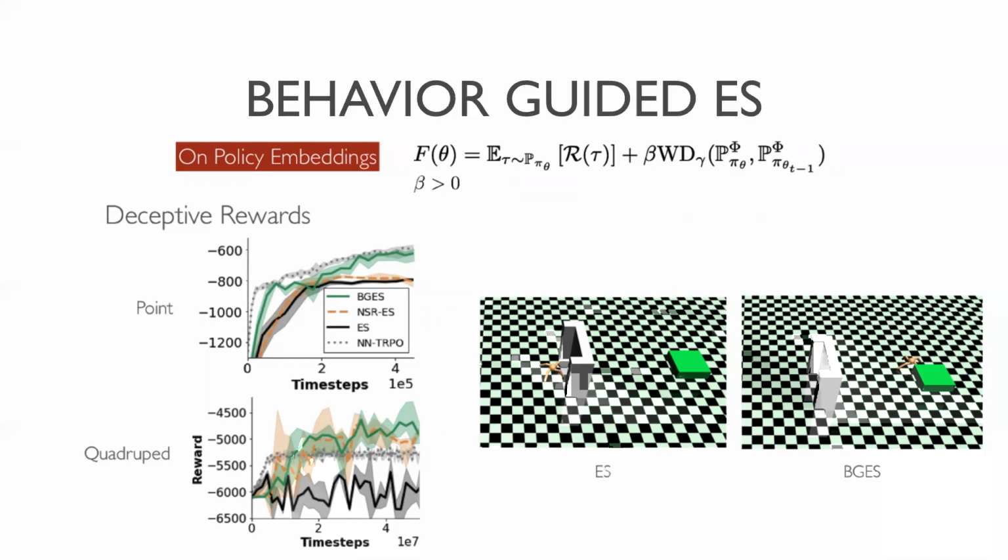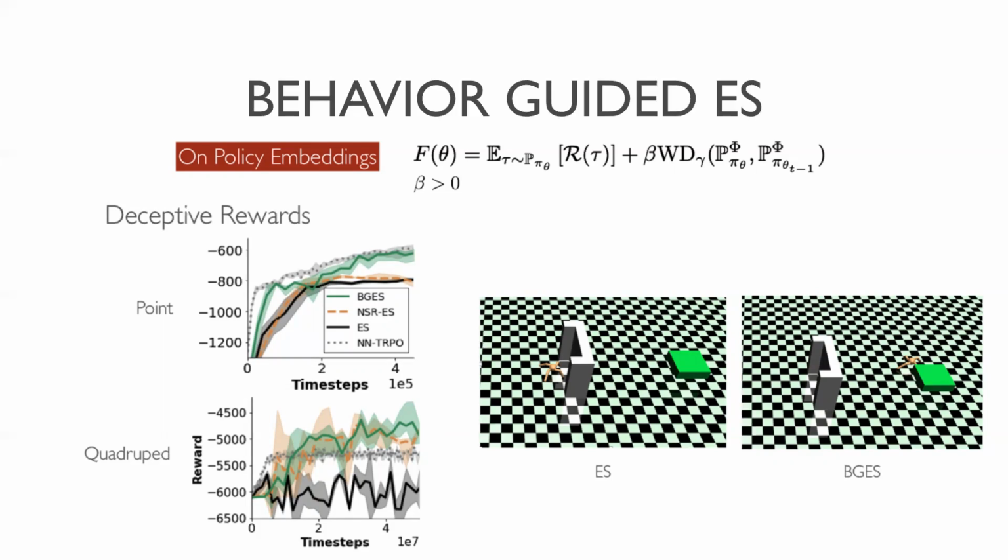So ideally you want some exploration that takes the ant around the wall so you can go to the green goal. We see here that our method, where we used the last state as an embedding, promotes enough exploration, by setting beta to positive, to ensure that you actually end up getting to the goal.